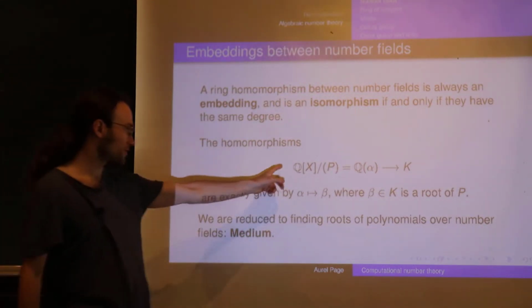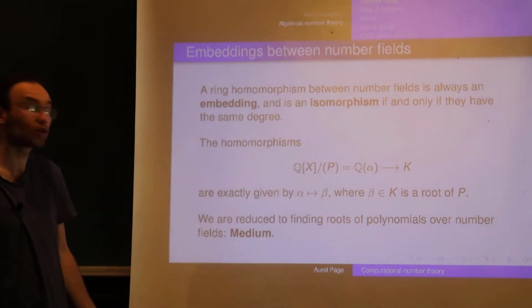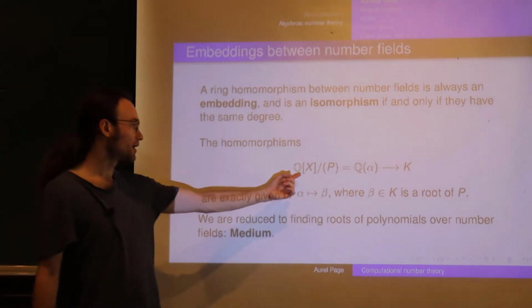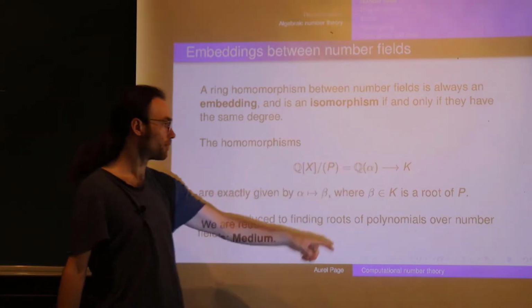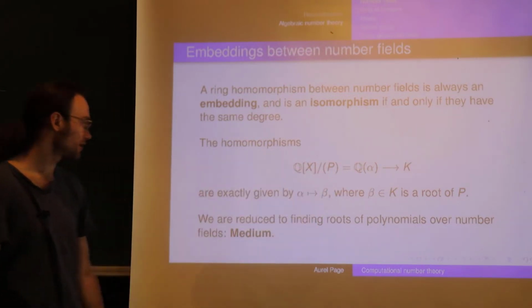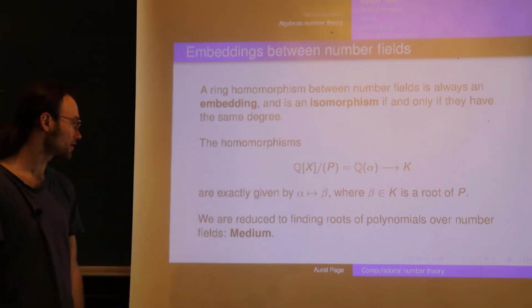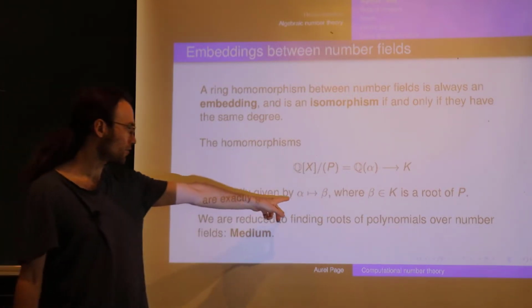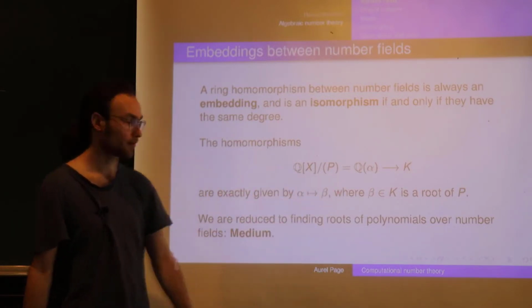And because we represent our number fields in this way, a ring homomorphism is just given by taking x to some value in k, but it should satisfy this relation. It should be a root of p. So the homomorphisms to any other field are exactly given by mapping alpha to beta, where beta is some root of p.